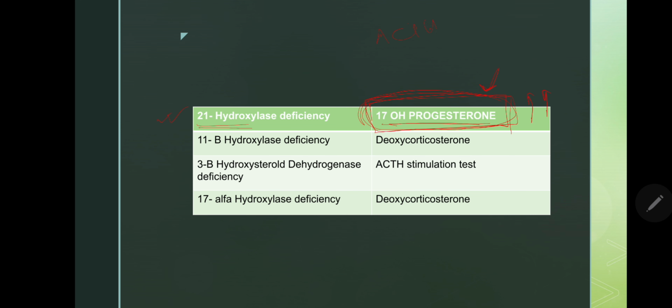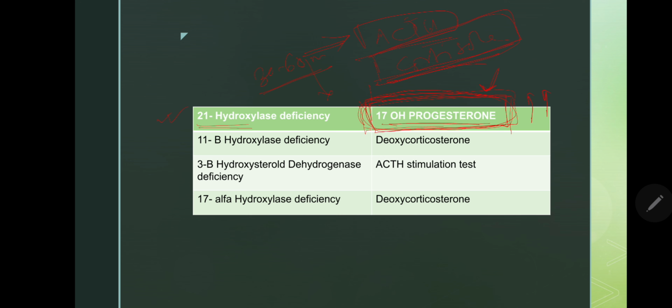What is the ACTH stimulation test? We take the serum cortisol level before giving ACTH, and also the 17 hydroxyprogesterone hormone level. After taking this basal hormone level and giving ACTH, we wait for 30 to 60 minutes, and then we again take a blood sample to see the level of cortisol and this hormone.